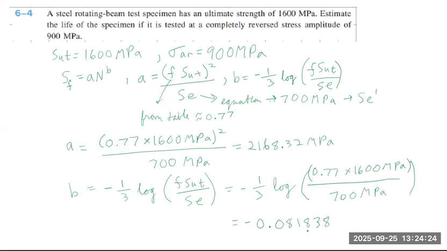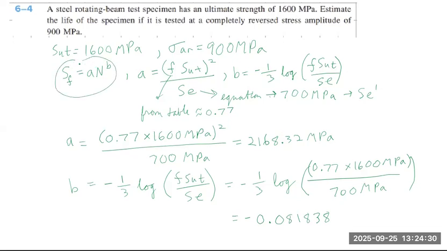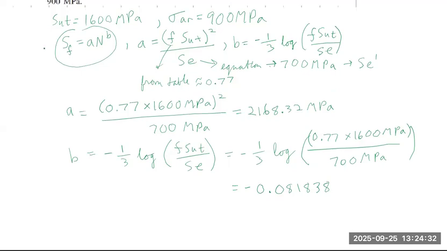And now from our equation at the beginning, we'll have that SF is equal to 2168.32 times n to the power of negative 0.081838.